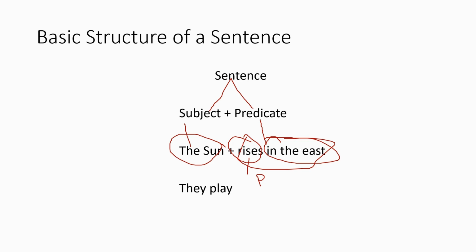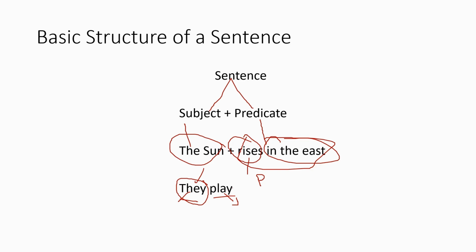Take another example. They play. In this sentence, we have two words. One is they, second is play. So they is a subject and play is a predicate. So here predicate consists of only one word, that is a predicator. Okay, understand it?